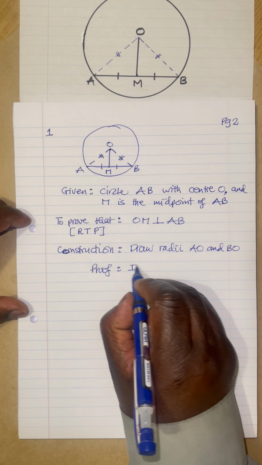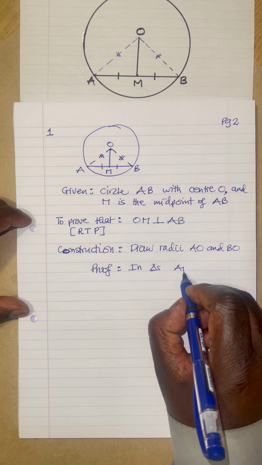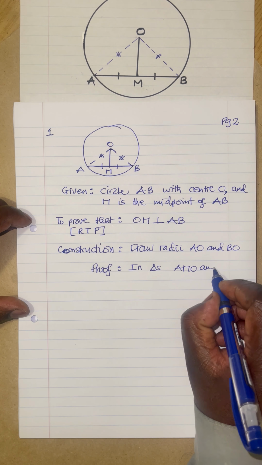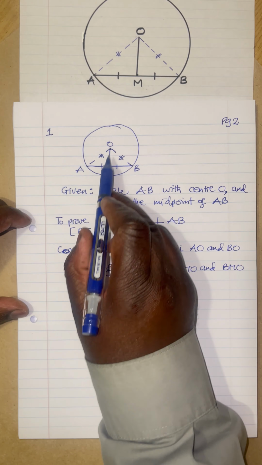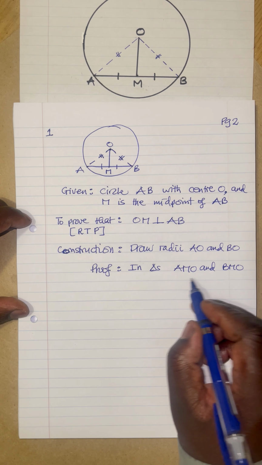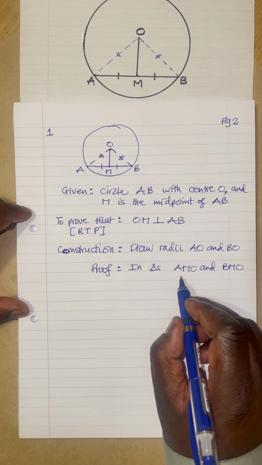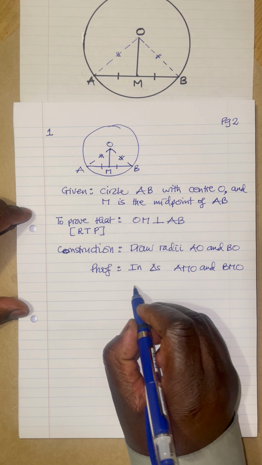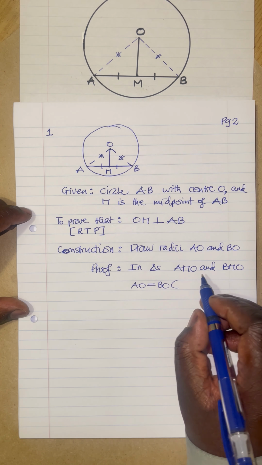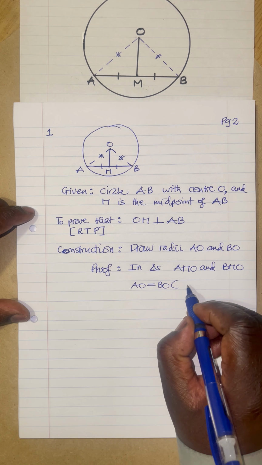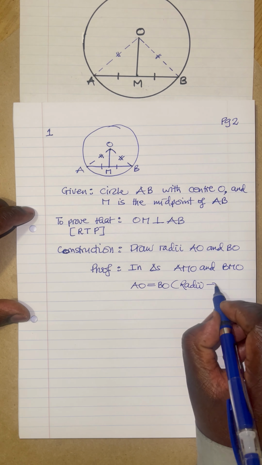And we're going to say in triangles AMO and BMO, what do we know? Well, we mention one item in here equal to another item there, or one aspect here equal to one aspect there. So we know AO is equal to BO, and these are radii. You can say construction and radii. So let me start with radii, and then I'm going to say construction.